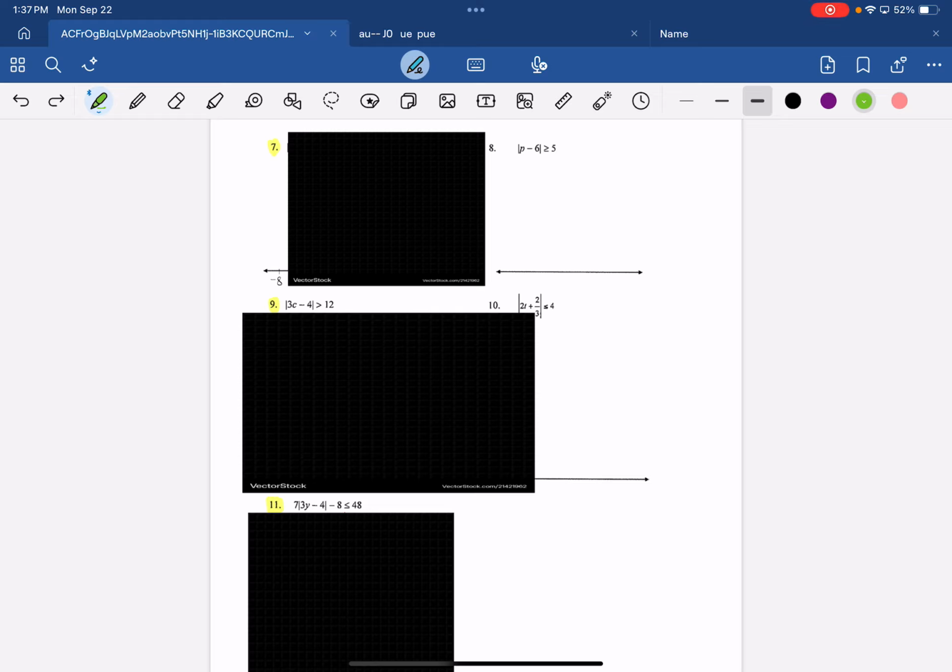Is -8 plus 1 positive 7 or negative 7? Negative. Wait, but I have a decimal. Is that wrong? Wait, where does our C come from?